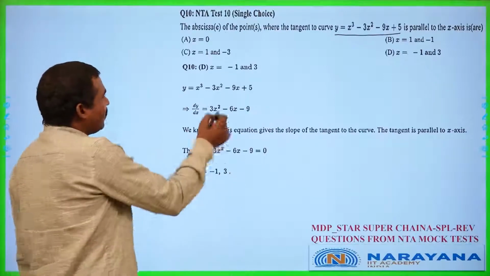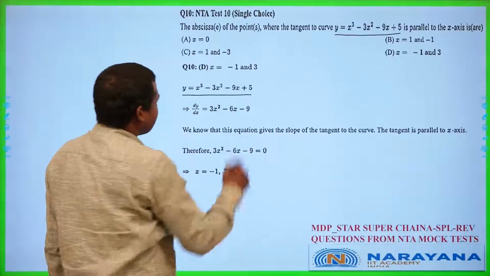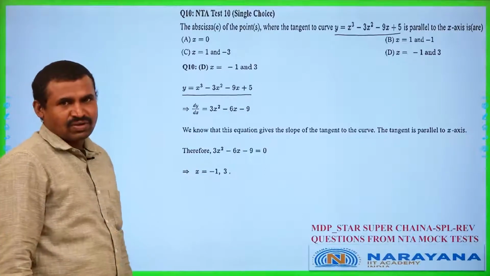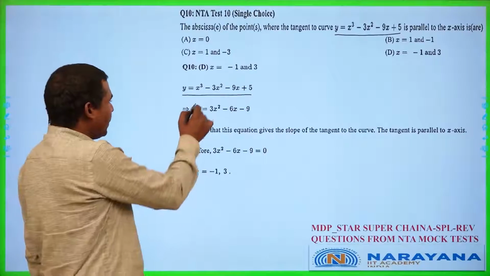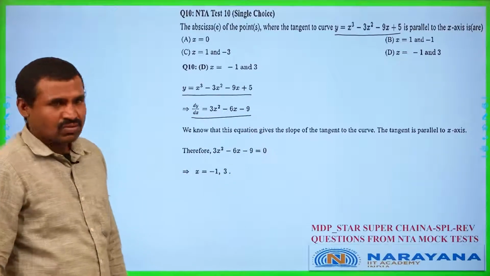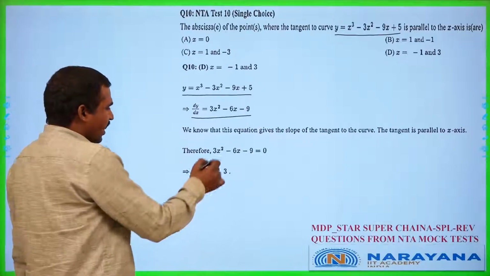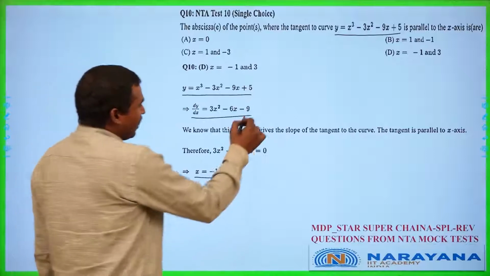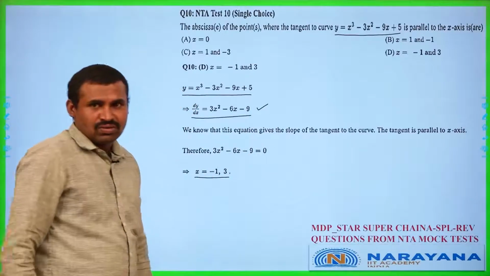So, if you find dy by dx, y is equal to x cube minus 3x square minus 9x plus 5, and dy by dx is 3x square minus 6x minus 9 is equal to 0. So, that means x is equal to minus 1 and x is equal to 3 are the roots of dy by dx is equal to 0.